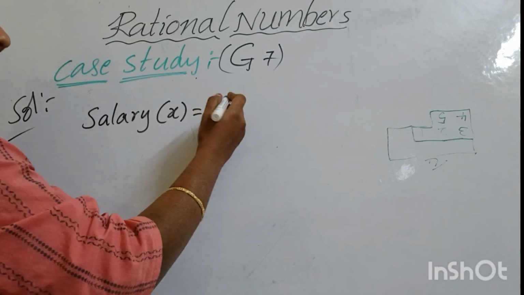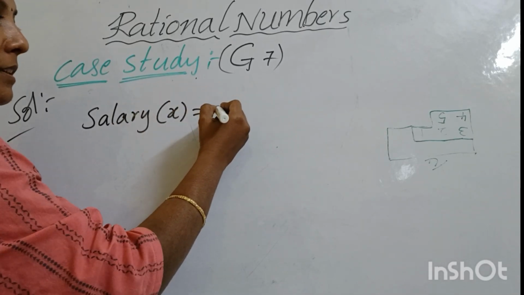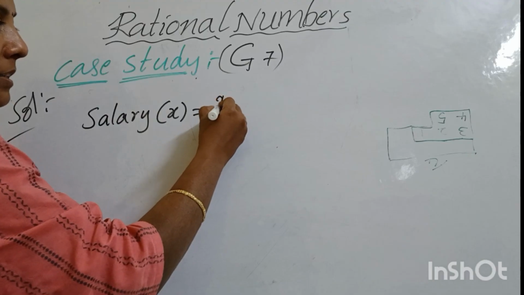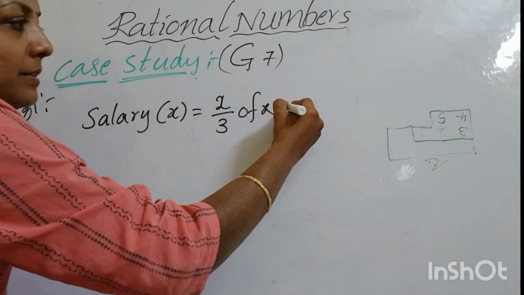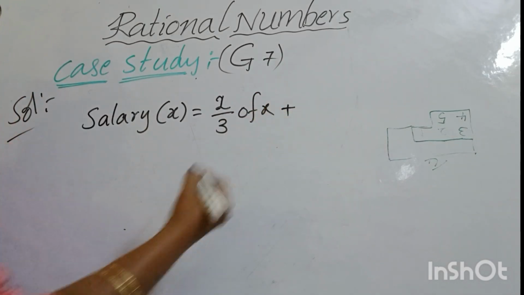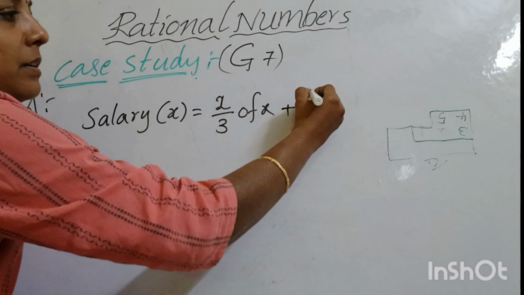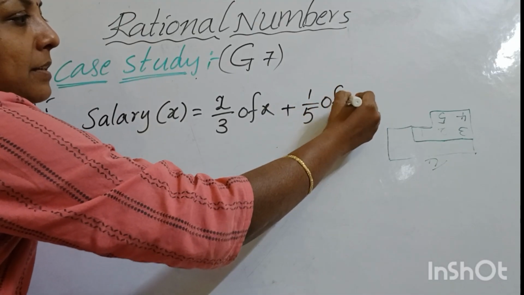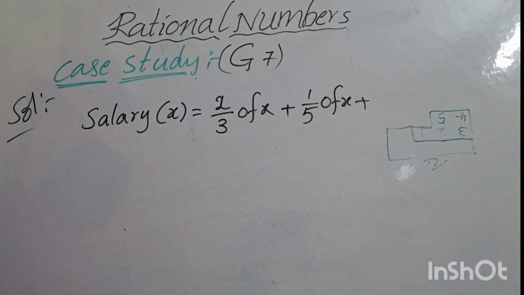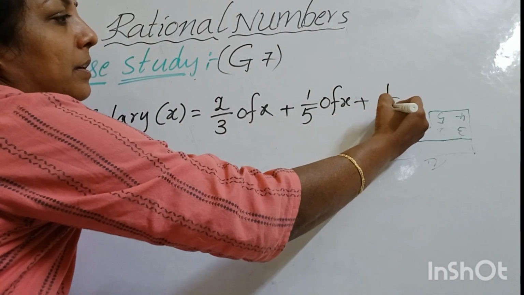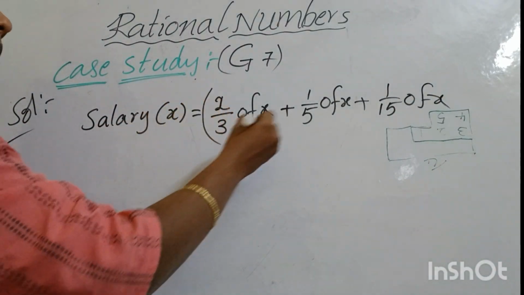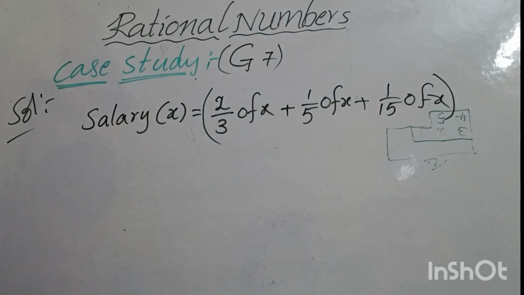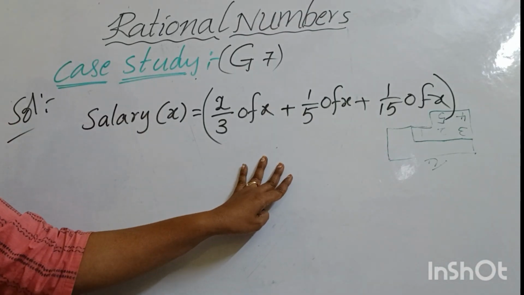Total salary is equal to, first we take the NGO, how much he spent, 2/3 of X, plus on food items he spent 1/5 of X, plus on other expenses he spent 1/15 of X. These are the items he is spending on, which we need to add first.